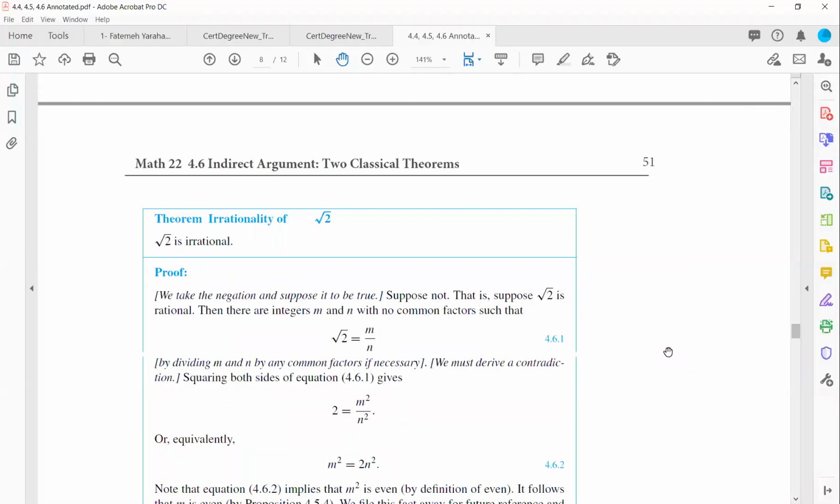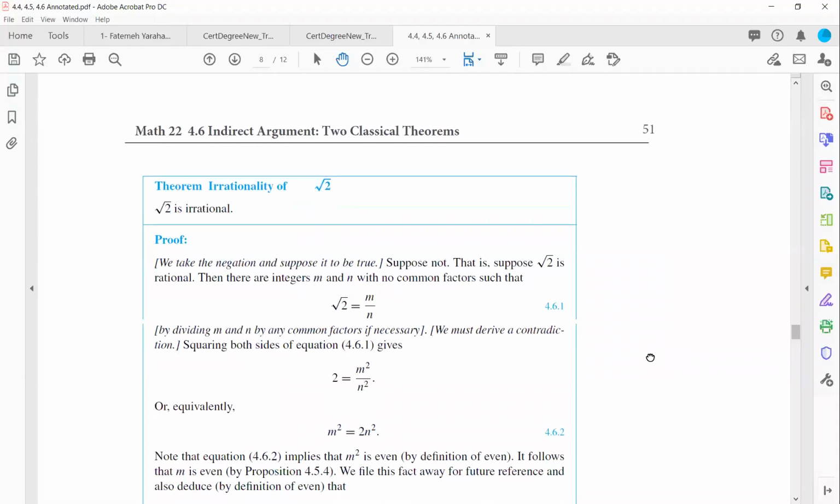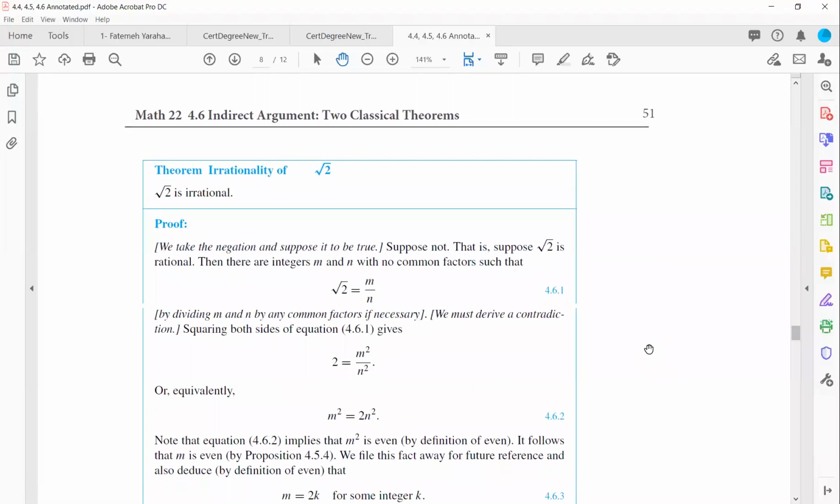Next, square root of 2 is irrational. We want to show that square root of 2 is irrational. So between all the methods that you learned so far, let us pick one of them and try to prove square root of 2 is irrational.